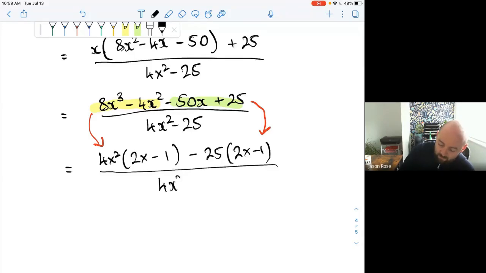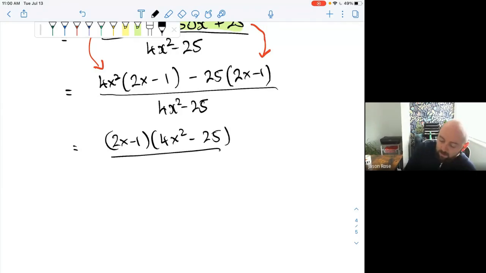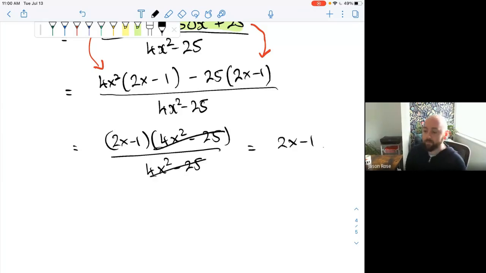And on the bottom, we have 4x squared minus 25. 2x minus 1 is common. When we pull that out, we're left with 4x squared in the first term and just minus 25 in the second term. And actually, it looks like we never even had to factor the denominator, because now we have 4x squared minus 25 on top and 4x squared minus 25 on the bottom, just leaving us with 2x minus 1.